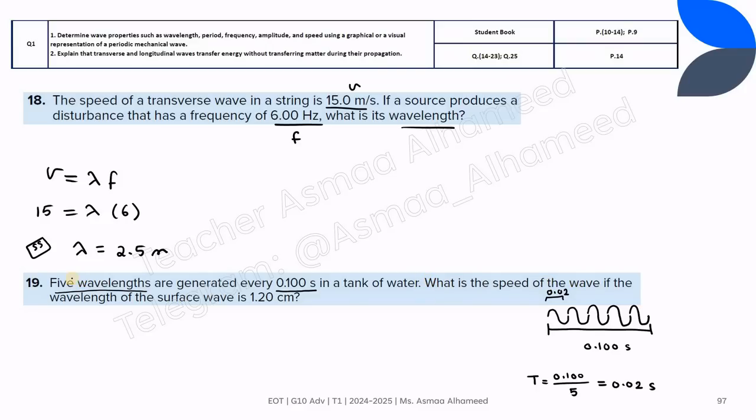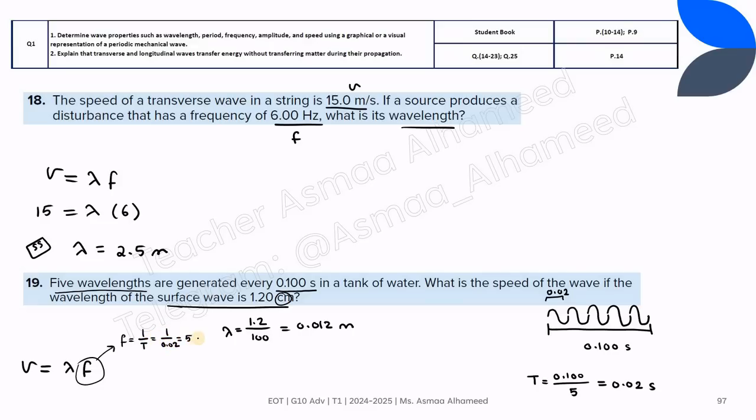What is the speed of the wave if the wavelength of the surface wave is this much? Of course this is in centimeters, so first we say 1.2 divided by 100 and we get 0.012 meter. This is my lambda. Now we need to find V. V will be equal to lambda times F, but I don't have frequency, I have T, so first I will say F is equal to 1 over T, which is 1 over 0.02.